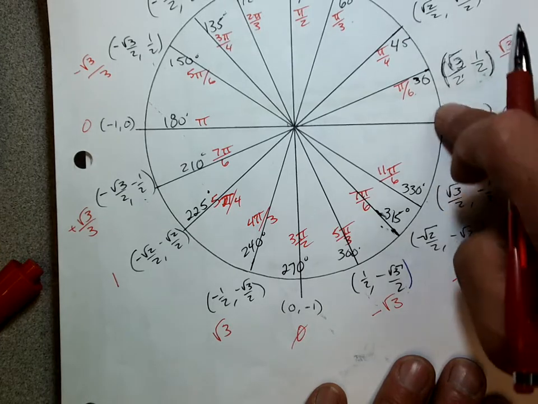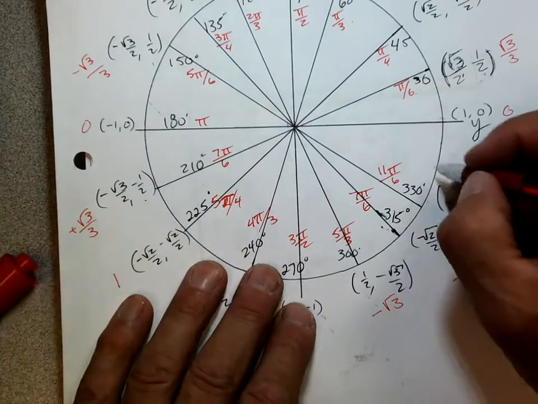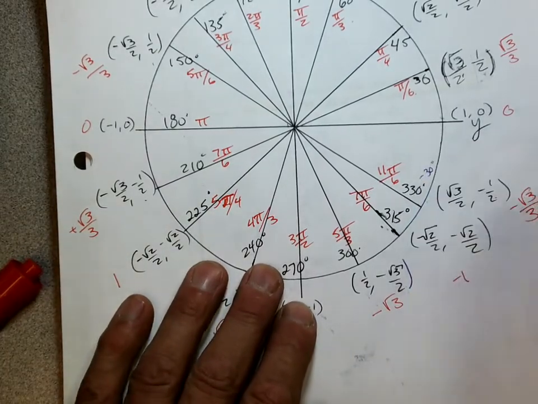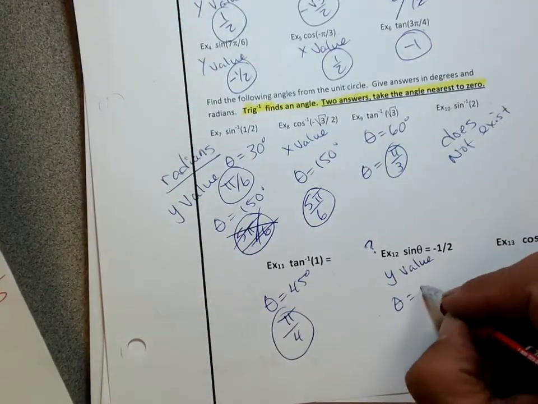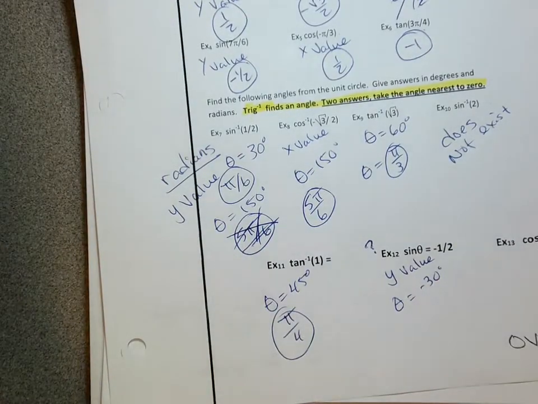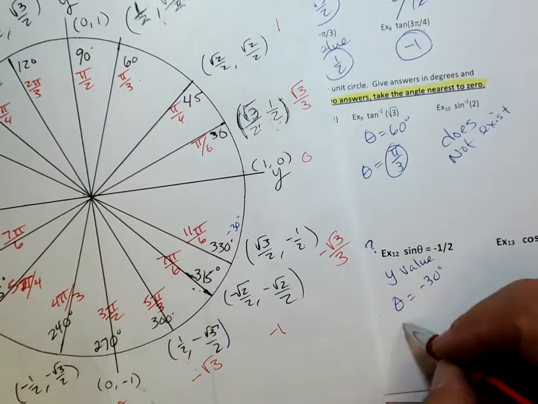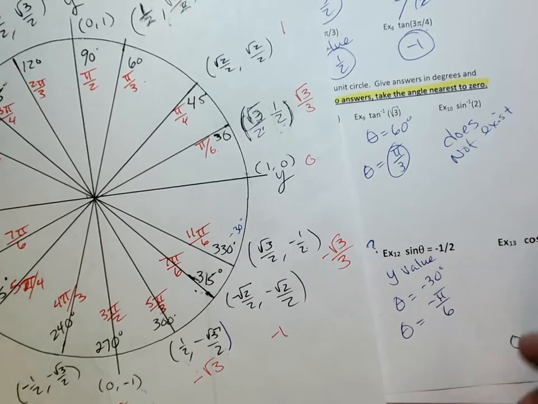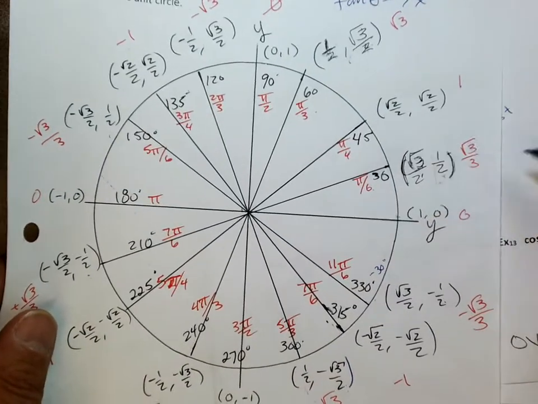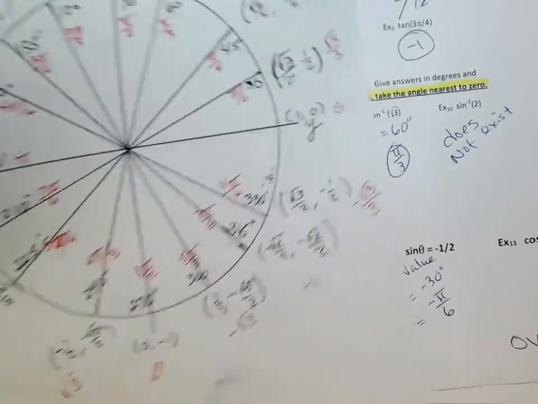Does that make sense? So theta equals negative 30 degrees. Now that is correct. However, in radians, that would be negative pi/6. 30 degrees is pi/6, but negative 30 degrees is negative pi/6. So that's a little bit tricky.